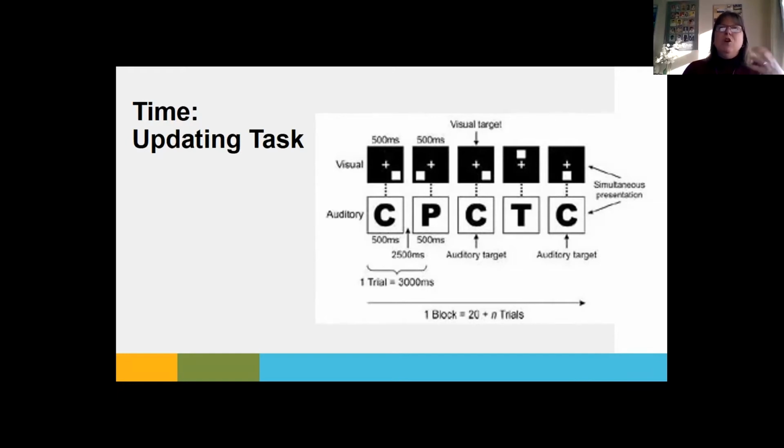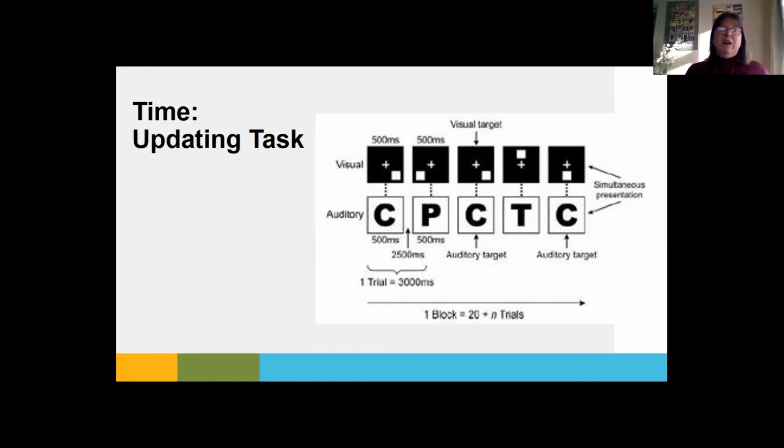On the one hand, we're looking at visual cues on a screen, so we're trying to follow the position of a square around a screen, and maybe we have to respond in a particular way, hit a particular key when the square, for example, appears in the bottom right-hand corner of the screen. But at exactly the same time, we're listening to auditory signals coming in through a set of headphones, for example. And maybe in that particular case, we need to respond using a different key if somebody says the letter C.